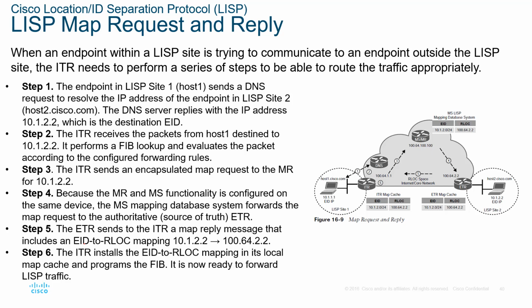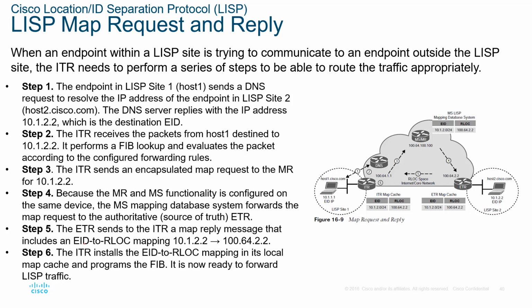Step 2, the ITR will receive the packet from host 1 destined to the source, and it will use the FIB lookup to evaluate the packet according to the appropriate configured rules. Step 3, the ITR will send the encapsulated map request to the map resolver. Because the map resolver and map server functionality is configured on the same device, the MS map database system will forward the appropriate map request to the authoritative source, basically the source of truth, for the ETRs.